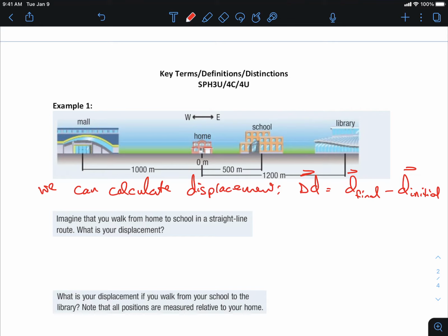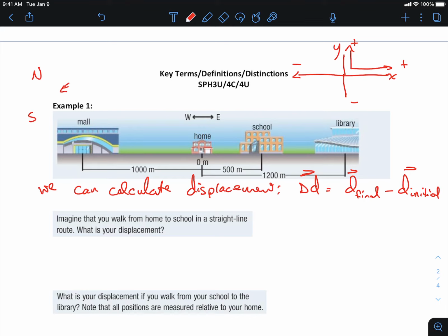So typically on a Cartesian grid, and by Cartesian I mean X and Y, positives typically go out to the right and up. In the other directions, we're going to get negative over here, and negative down here.